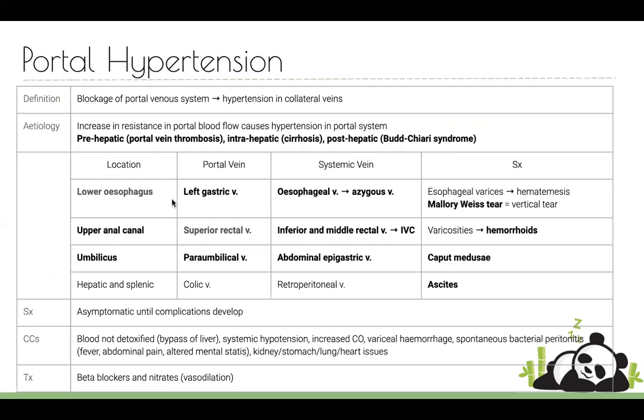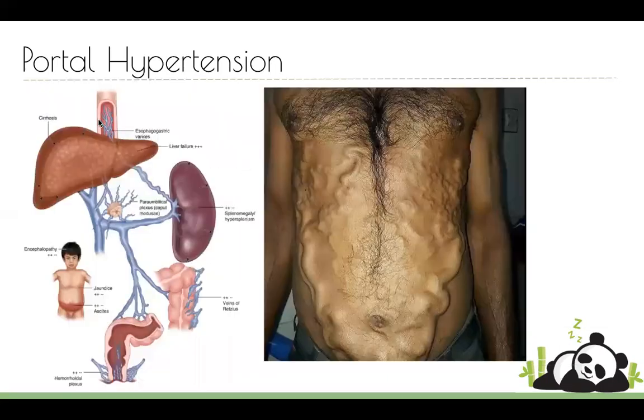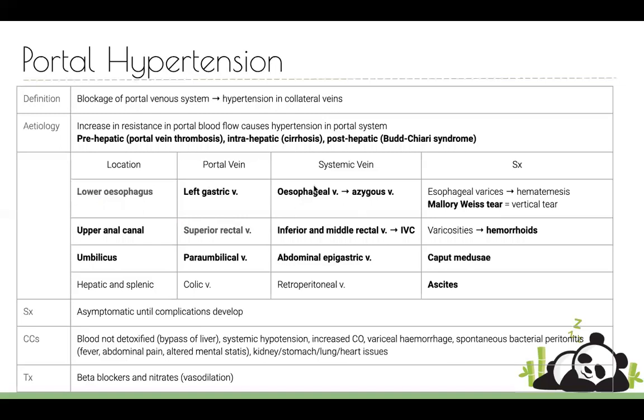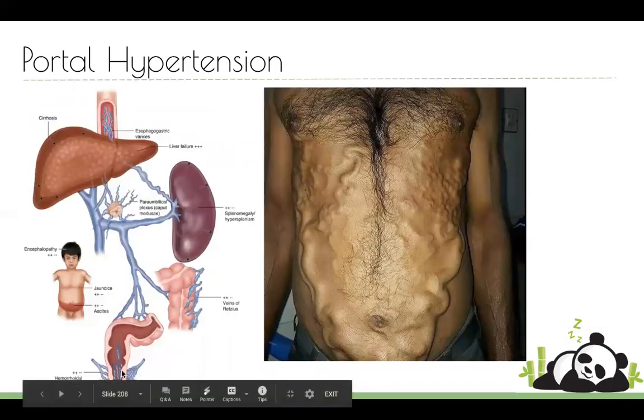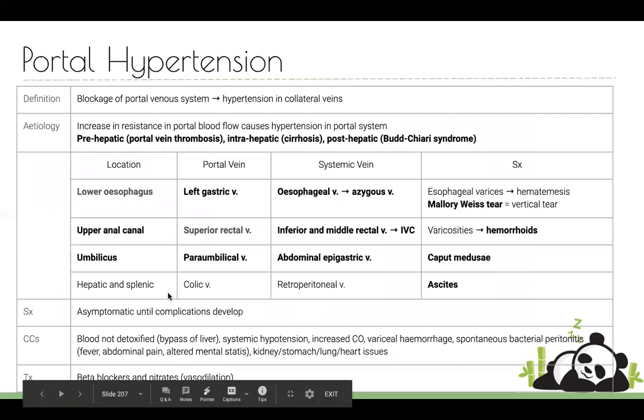So at the lower esophagus, you get a joining of the portal system, which is the left gastric vein over here, and the esophageal vein in the systemic circulation. And likewise, in the upper anal canal between the superior rectal and the inferior middle rectal, you get another anastomosis, and that causes hemorrhoids, so bleeding out your butt.